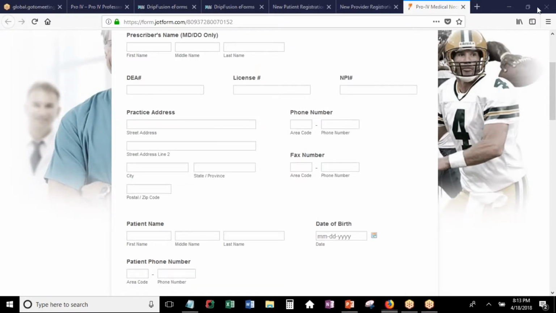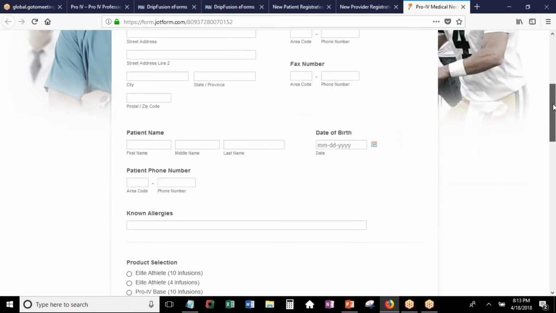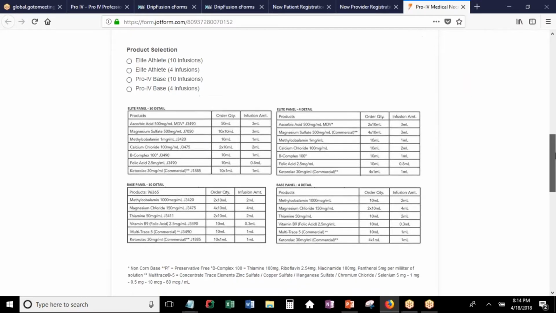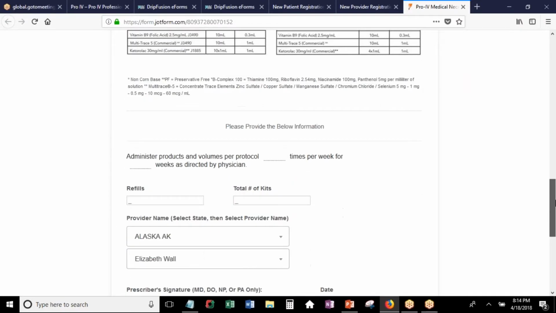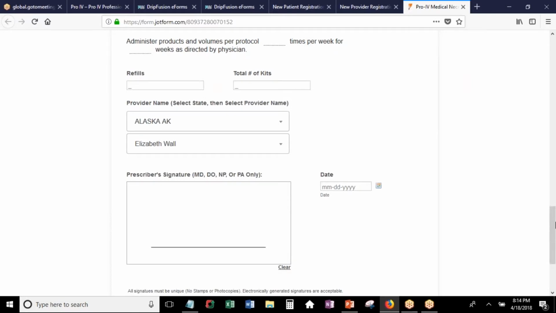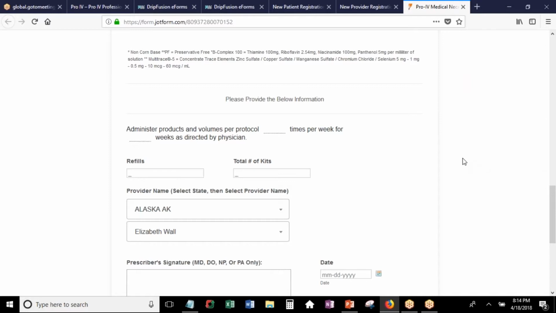Here's the prescription form. You're going to add in all that information. Known allergies, obviously. And then here, this is where it gets, go up a little. Thank you. Please provide the information below. Administer products per volumes and protocol X times per week for X amount of weeks directed by physicians.